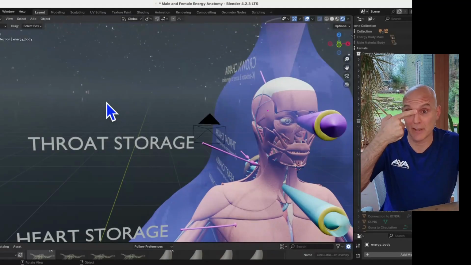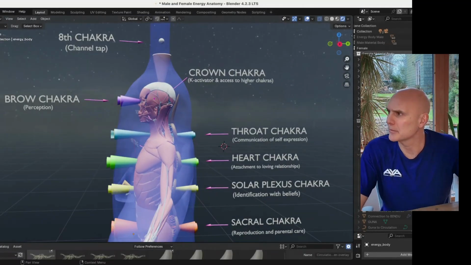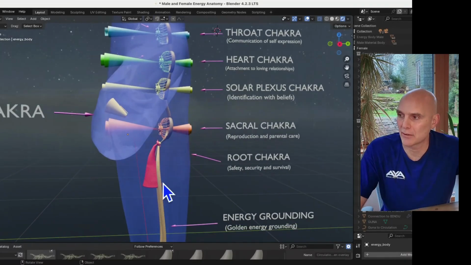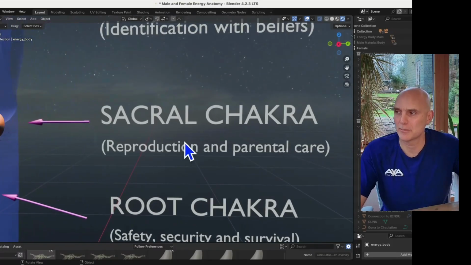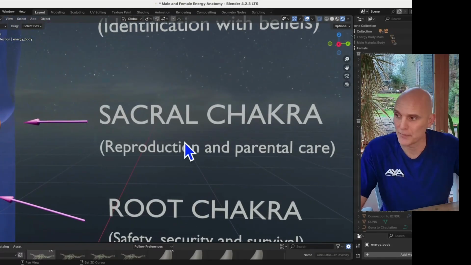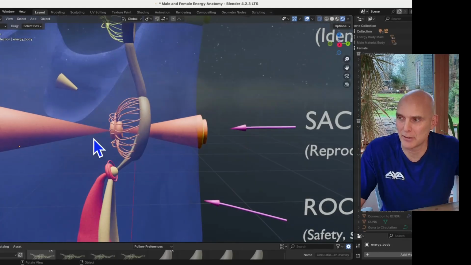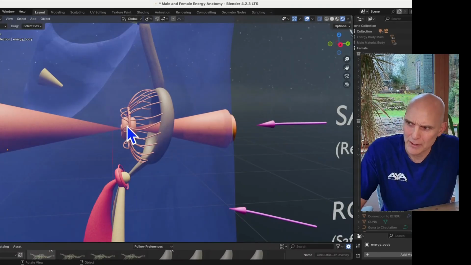So, yeah, right there. Okay, so lastly on the chakras, I'll keep saying lastly and going back. Never mind. So we've talked about there's a forehead chakra going right up like that. There's also a reproductive chakra. Now, if you look very closely at the sacral, the sacral is about reproduction and parental care in energy psychology. But the reason why it's about reproduction is that there is a derivative of the sacral which actually hangs off the sacral chakra.